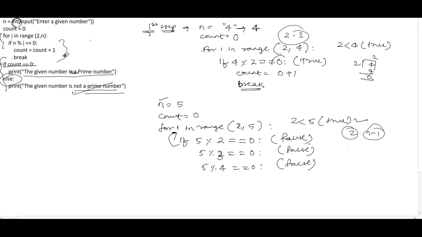So next, for i in the range, 5 is less than 5, which is false.